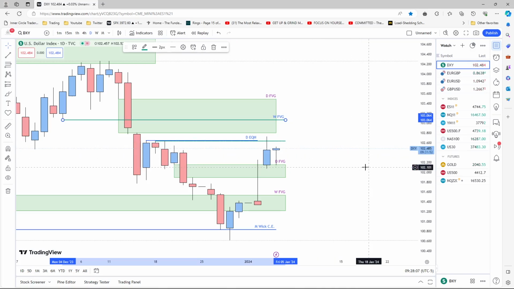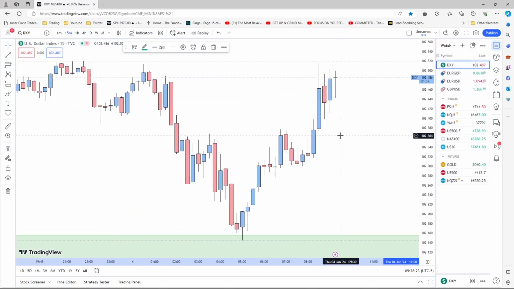But I would say that this is more a scalpers market where you trade into this daily fair value gap, and as soon as you get the rejection on lower time frame, then that would be a confirmation that you would be able to go long.